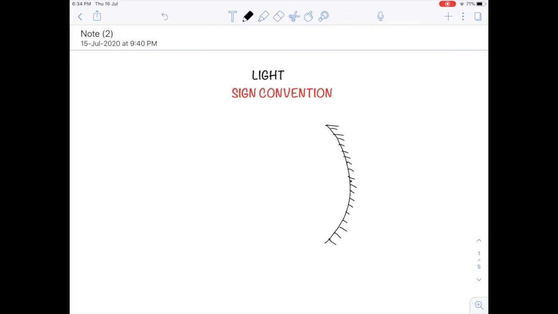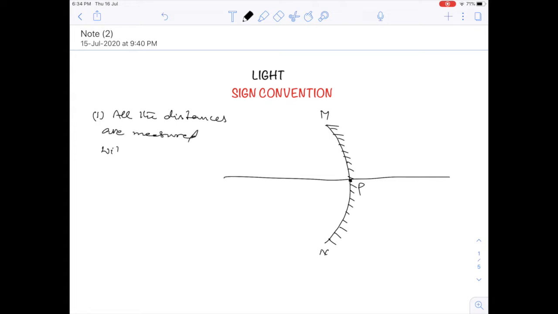If I consider the center of this mirror surface as P, then with P as origin, the distances are measured. So, the first point is all the distances are measured with pole P as origin.